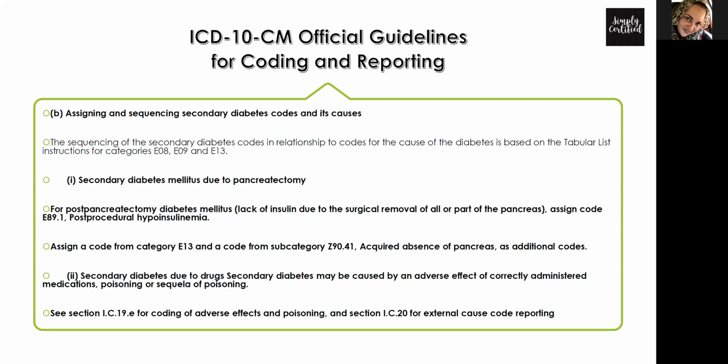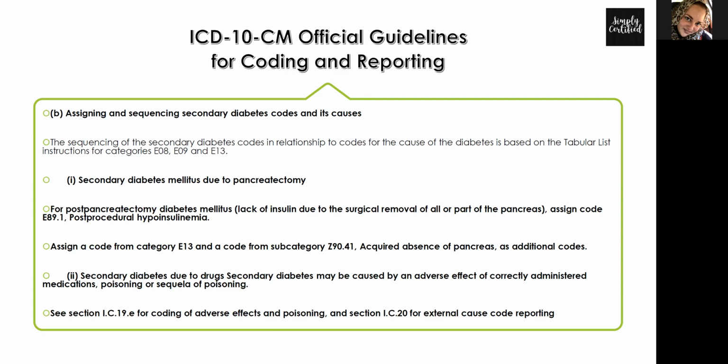So some types of diabetes are caused by drugs. And there are guidelines about secondary diabetes due to the drugs. You know, a lot of drugs can have some really bad side effects, right? And even if normally a drug is safe, maybe it was administered incorrectly or a big dose was given and it caused some problems.